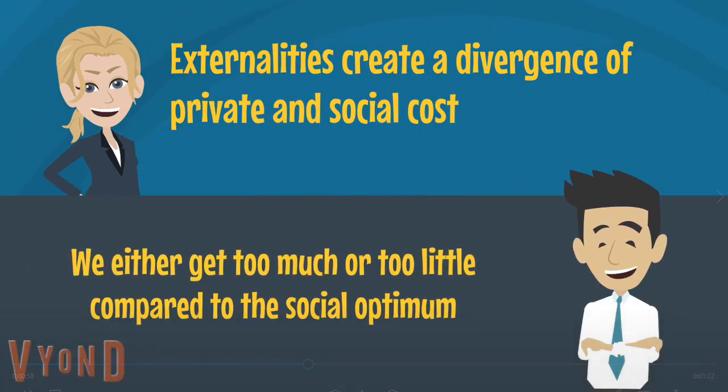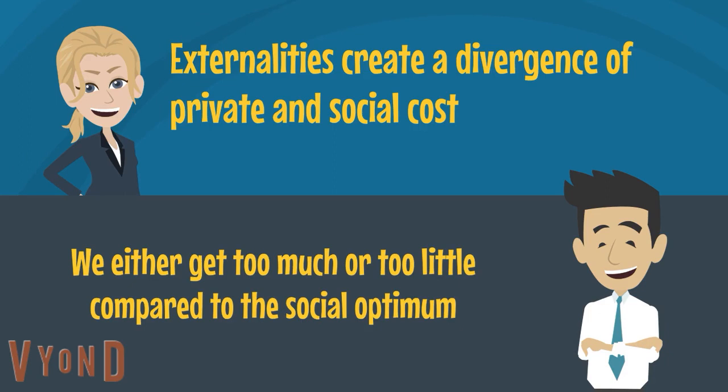So to summarize, externalities create a divergence of private and social cost. Parks are a positive externality. If everybody who benefited when a park is created paid some of that benefit to the county, we could build more parks and we'd have more parks.